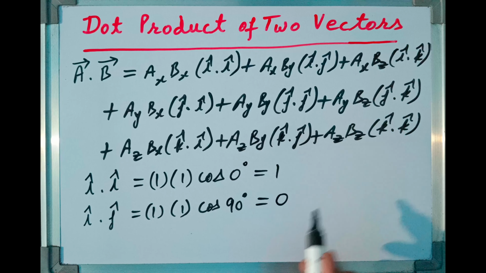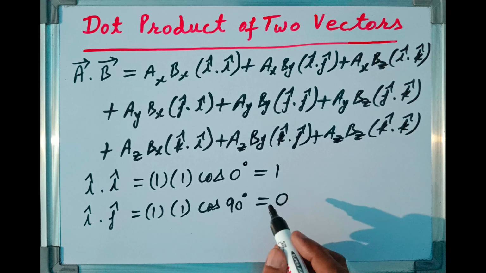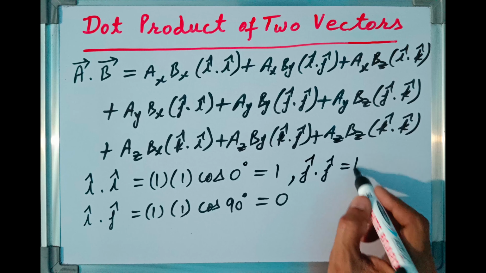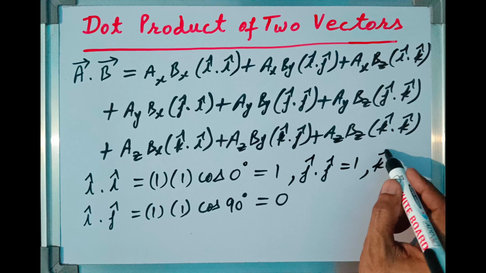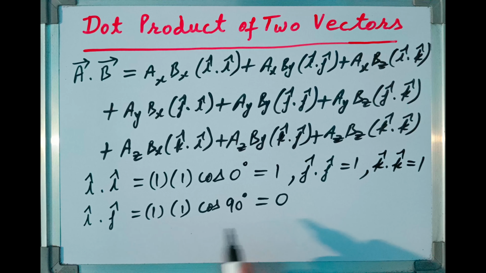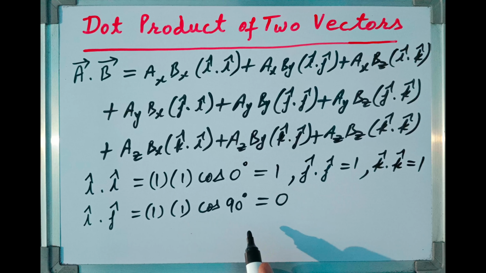Similarly, other dot products can be solved. We shall get the answer for j cap dot j cap equal to 1, k cap dot k cap equal to 1, and all other unit vector dot products will come out to be 0.